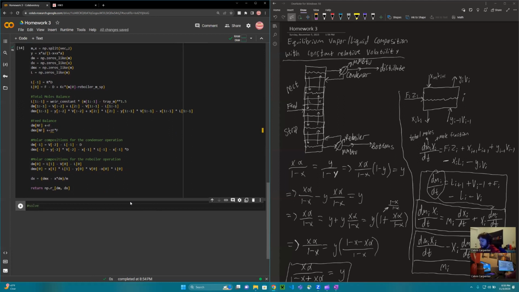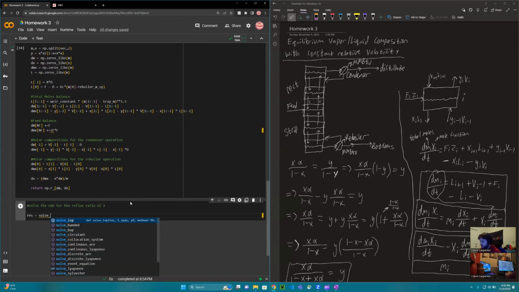Now we're going to solve the ODE for the reflux ratio of 2. So RES equals solve underscore solve IVP.